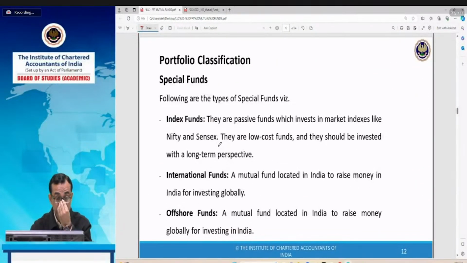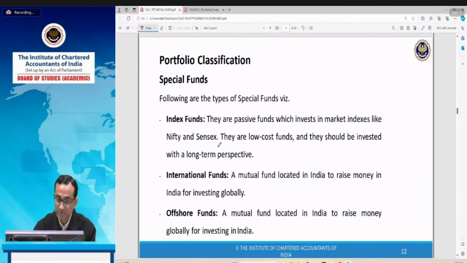Now come to special funds. Special funds are of the following types: index funds, international funds, and offshore funds. Now, I will take some time to explain the concept of index funds. Let us read the slide on index funds. They are passive funds which invest in market indexes like Nifty and Sensex.